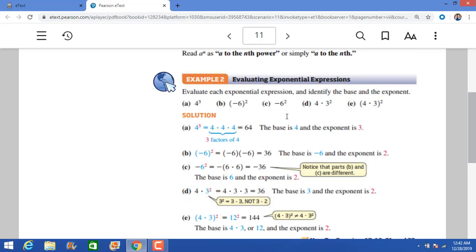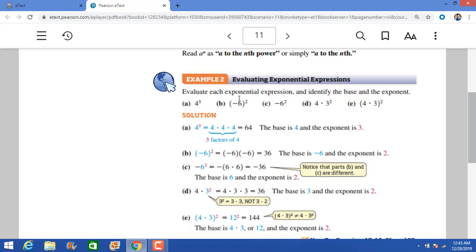So we want to evaluate the following expressions and identify the base and the exponent. Here the base is 4 and the exponent is 3, so we're multiplying 4 three times. We have 3 factors of 4, so 4 times 4 times 4, which gives us 64.